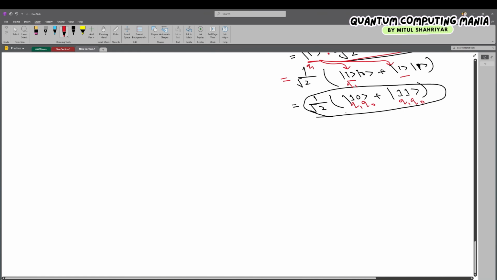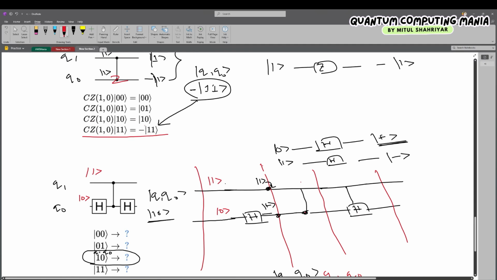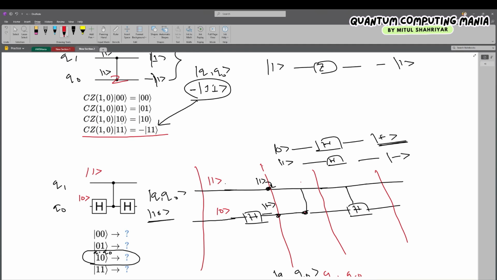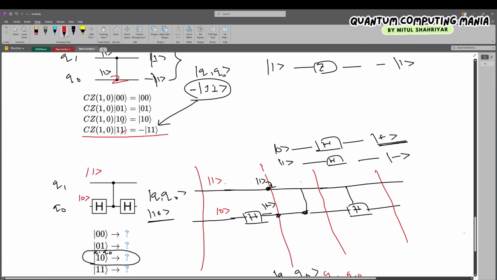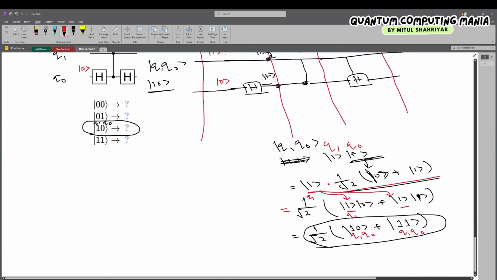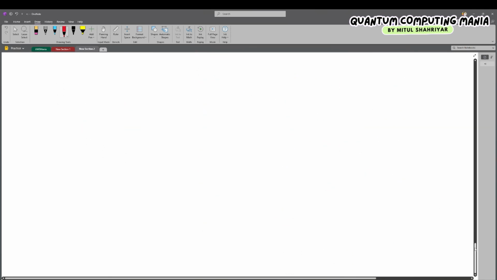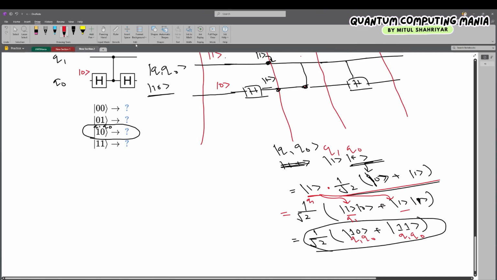If we pass 1 0 through control Z, what do we get? 1 0. Because when we pass 0 through Z, there is no difference. But if we pass 1 through Z, we get -1. Here you can see, just as an example, a reminder. Let me draw that again so that you understand.